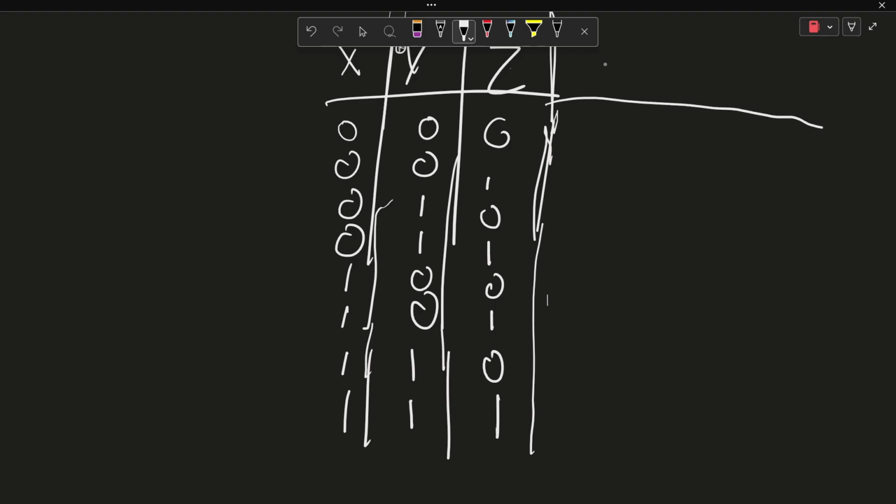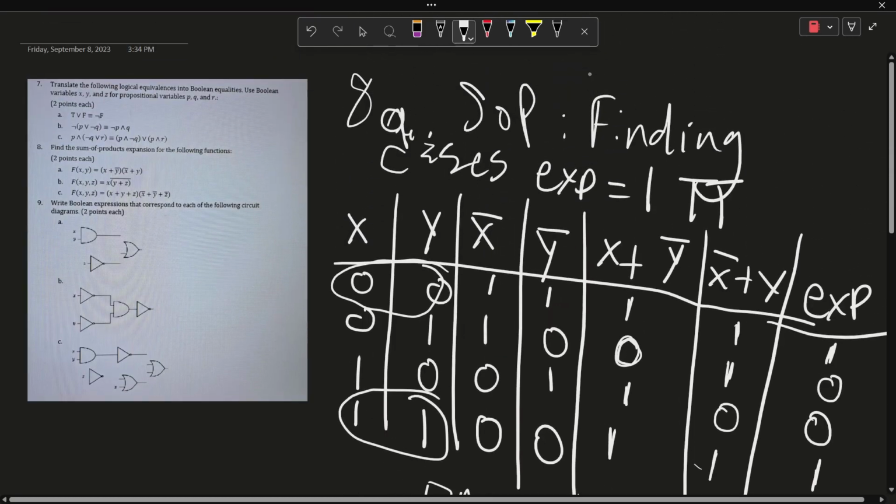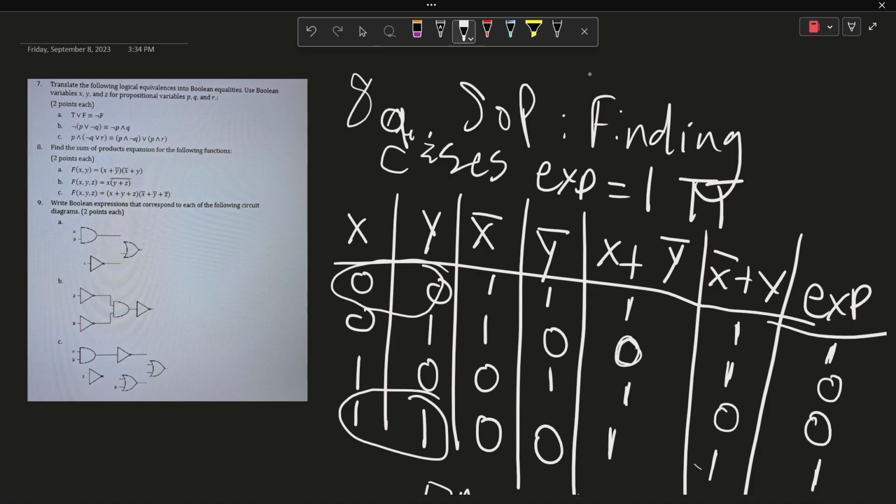So it's y naught plus z, y plus z naught. And if you've done De Morgan's yet, that's just x naught. I think it's x naught. Yeah, x naught times y naught. Y, you know what I meant.